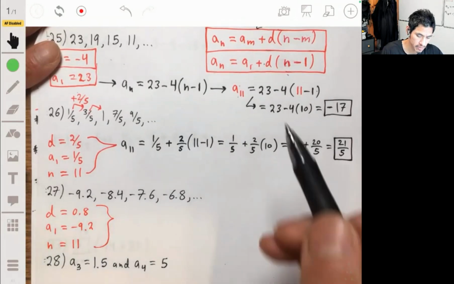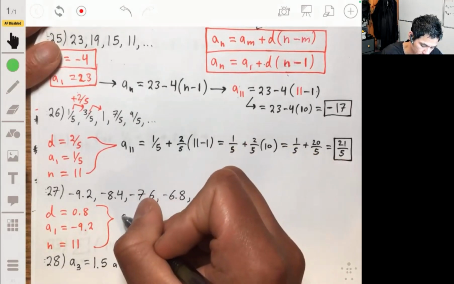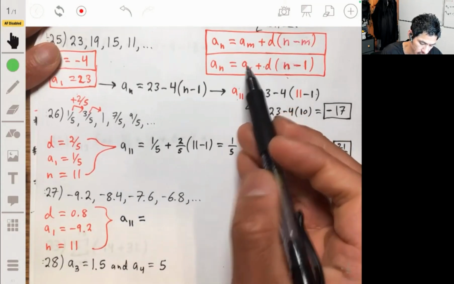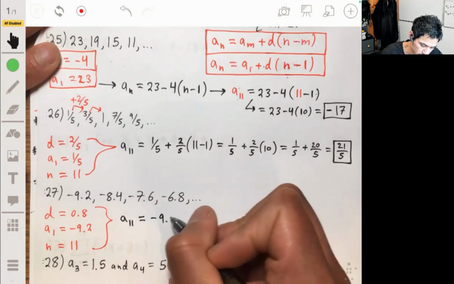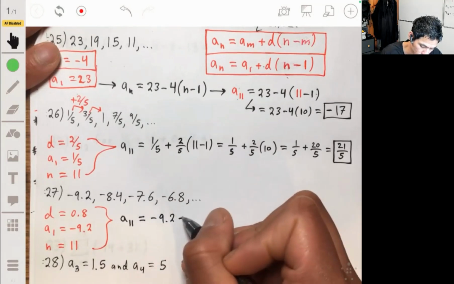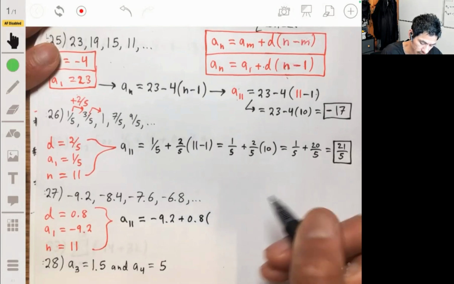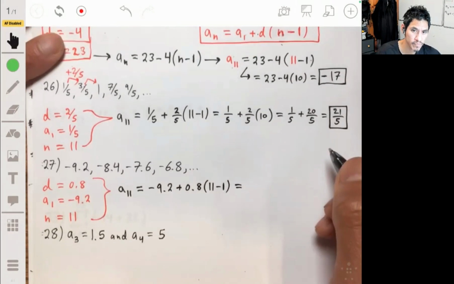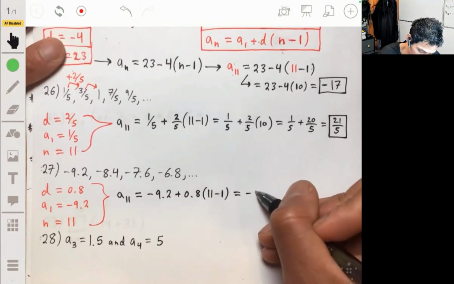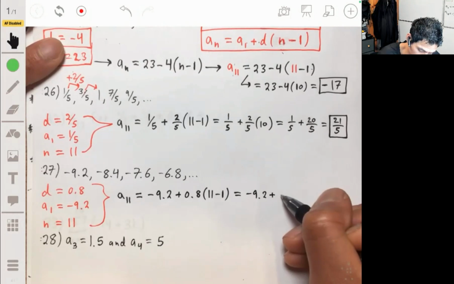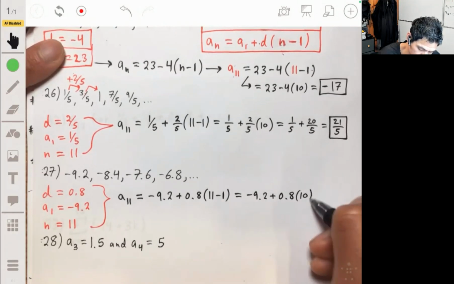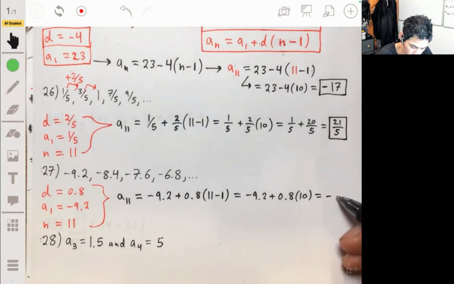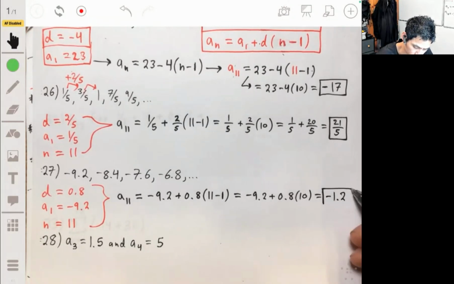So combining all these into our equation for an, a11 is equal to negative 9.2 plus 0.8, because that's our common difference, times 11 minus 1. So negative 9.2 plus 0.8 times 10. So negative 9.2 plus 8 gives us negative 1.2.